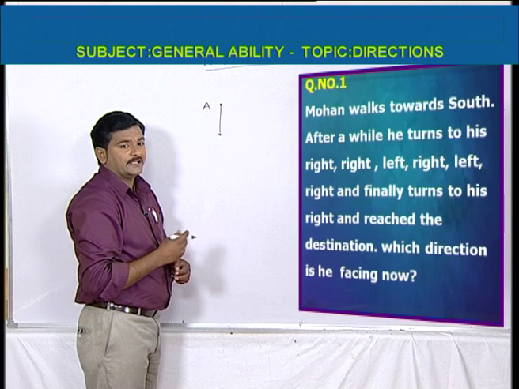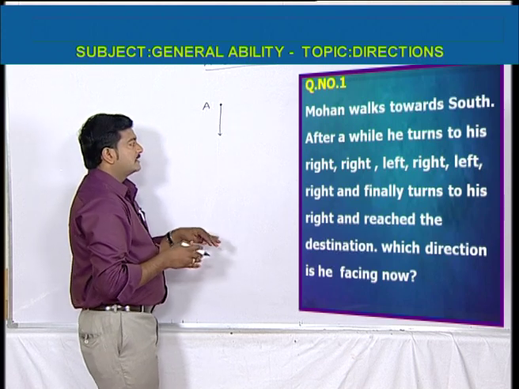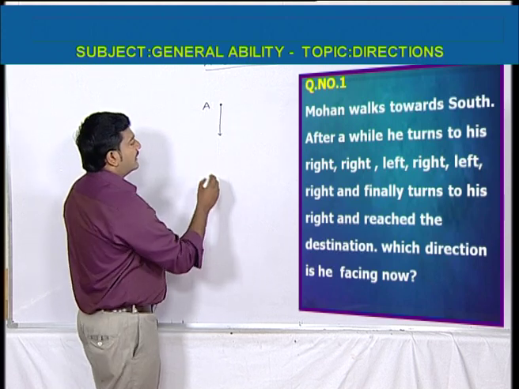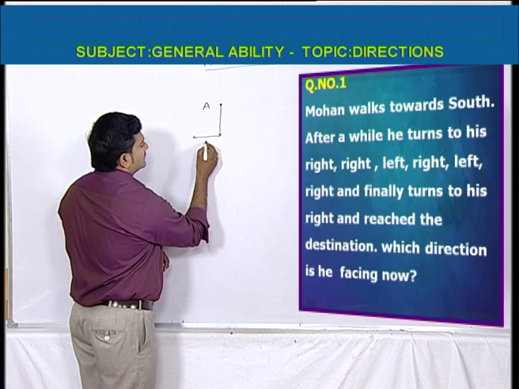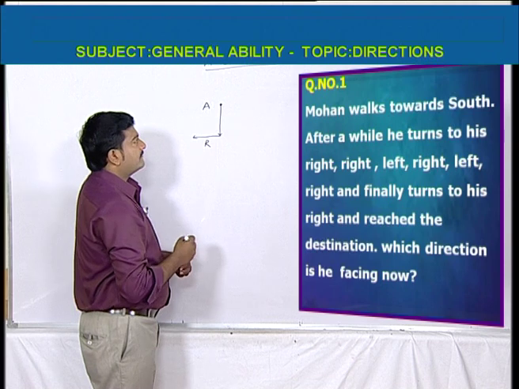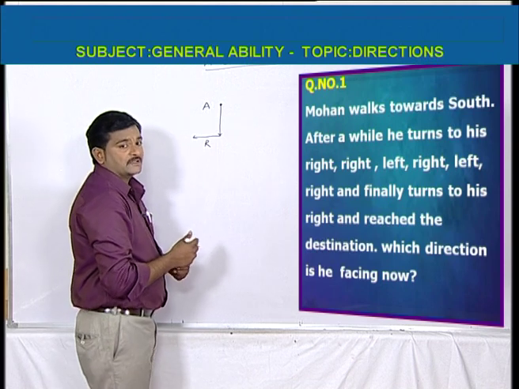Next, what happened? After a while he turns to his right. So this is one right direction. After that he gives some lefts and rights. How many lefts and how many rights are given?